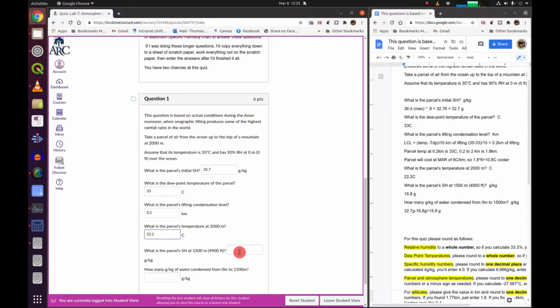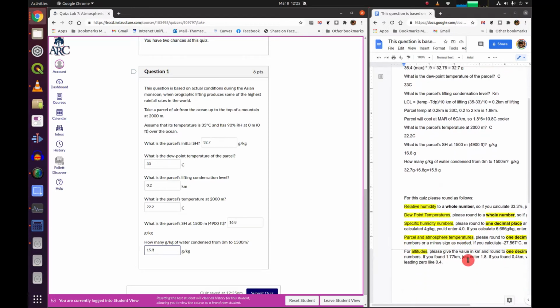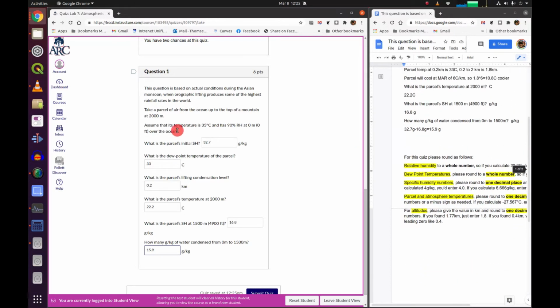The parcel's specific humidity is 16.8 grams. And how many grams of water vapor condensed? 15.9 grams.